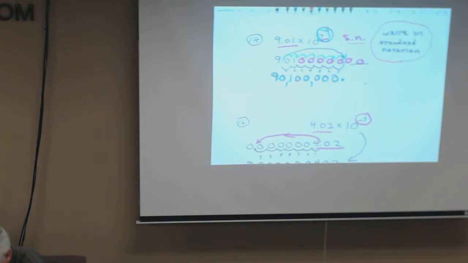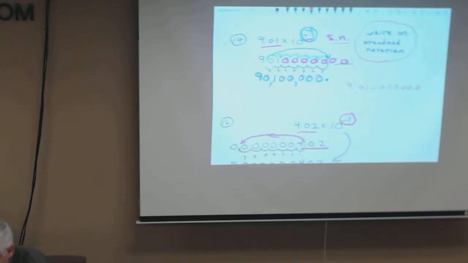I go 9.01, and then I just add a bunch of zeros. Actually, when I see the 7th, watch, I'm just going to add 1, 2, 3, 4, 5, 6, 7. Okay? Just to make sure I have enough there. So now it's 9.01.